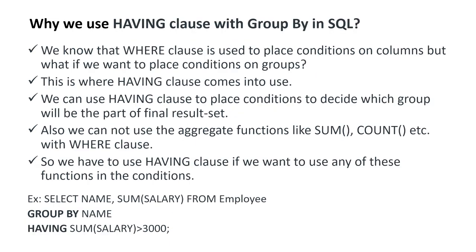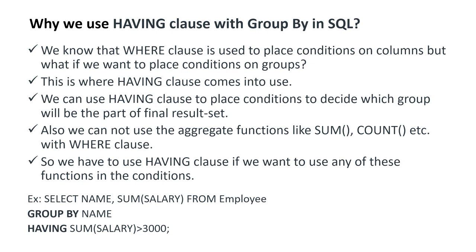Why do we use the having clause with group by in SQL? We know that the where clause is used to place conditions on columns, but what if we want to place conditions on groups? This is where the having clause comes into use. We can use the having clause to place conditions to decide which groups will be part of the final result set.